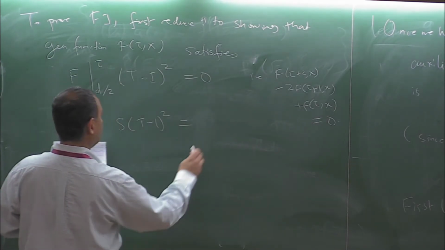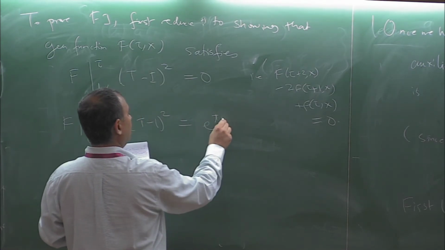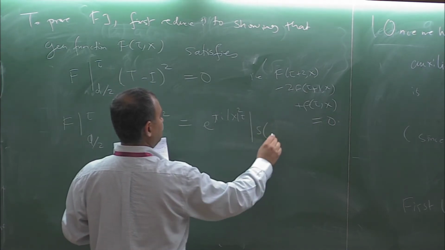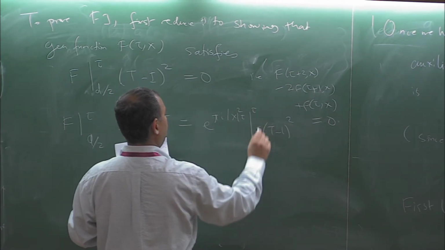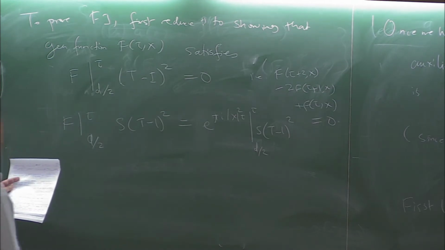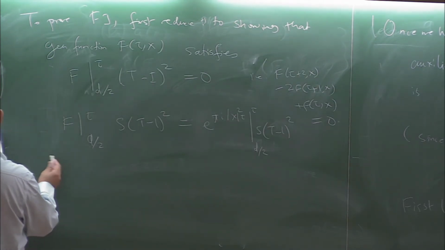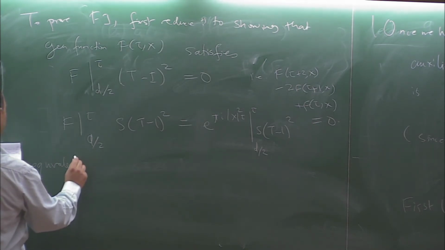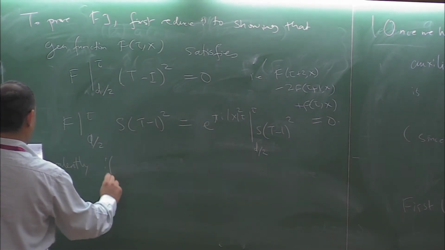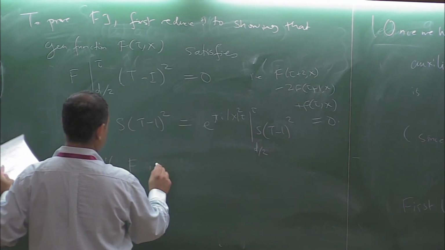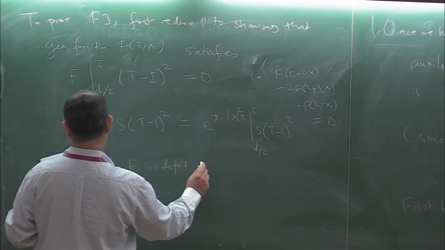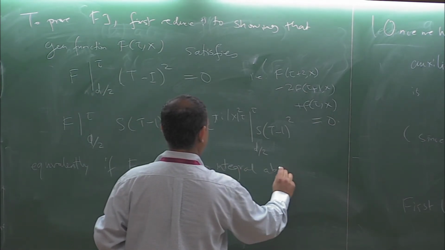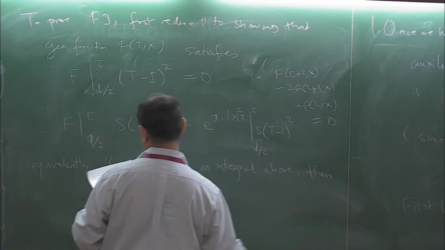This is the same thing as when you apply it to the Gaussian, e to the pi i x squared tau, hit by S T minus 1 squared, with tau to the d over 2. Okay, so you have to solve this functional equation. You have to show that it satisfies this. So equivalently, for k, if f is defined as the integral above, then k satisfies the functional equation.